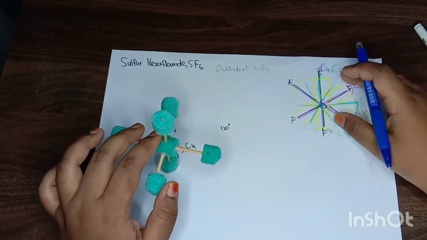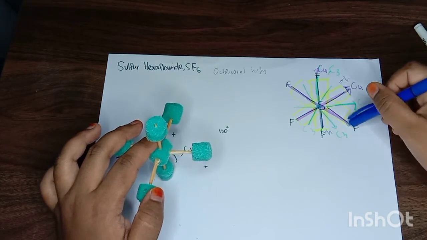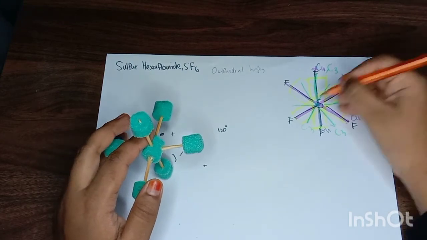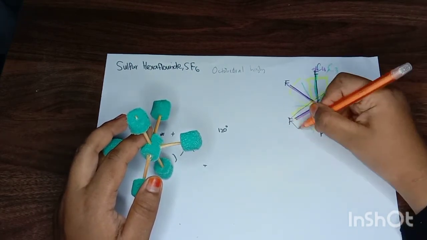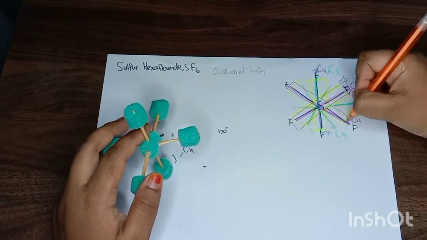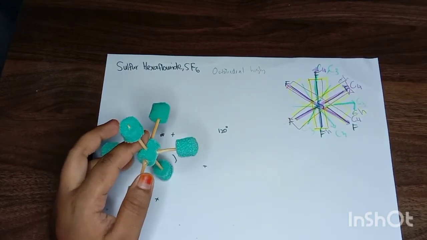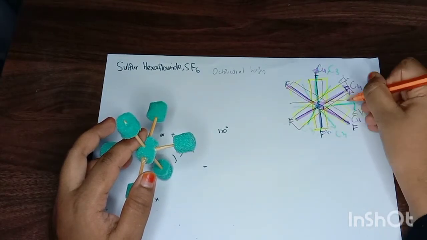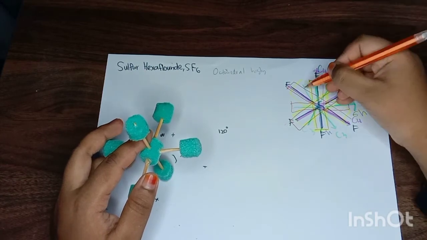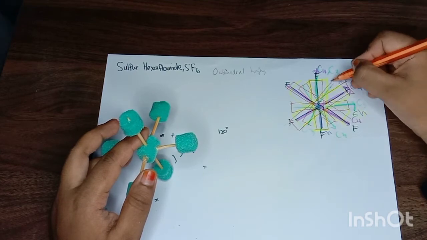So we need to label our diagonal planes in this diagram, and here also, and through our C3 is this.